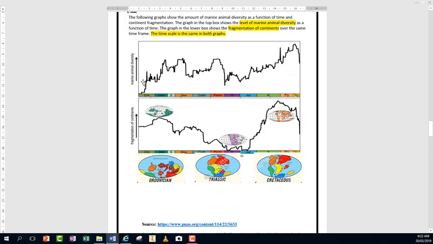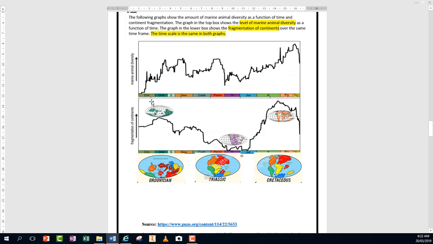That's showing basically how many animals and plants are in the ocean over a stretch of, I think, 500 million years. And this one down here is called the fragmentation of continents, which to me basically means how many different continents there are, and how much the world has changed as it's travelled through.